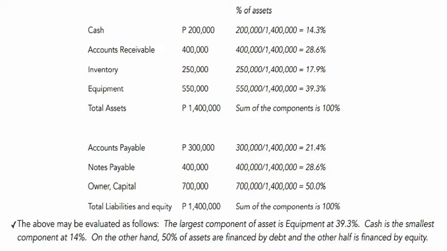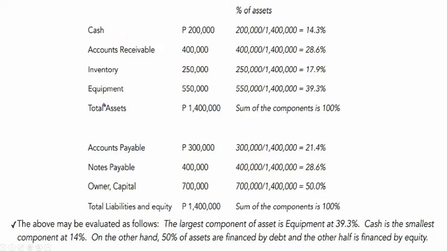For the inventory, you can get 17.9%. For equipment, you can get 39.3%, a total of 100%. But if you take a look at the addition here, based on the percentage, 0.3 plus 0.6 plus 0.9 plus 0.3 is 2.1.